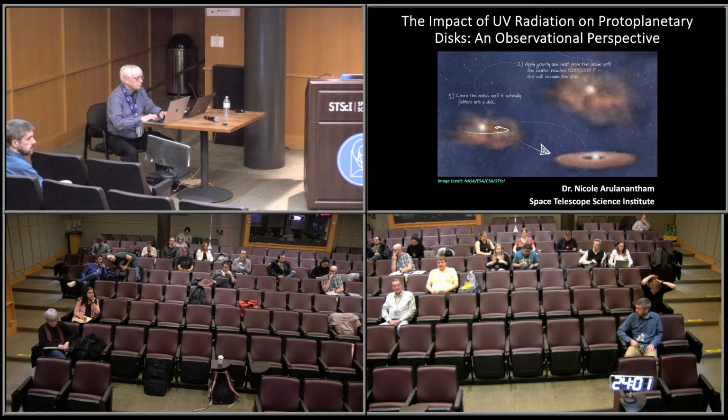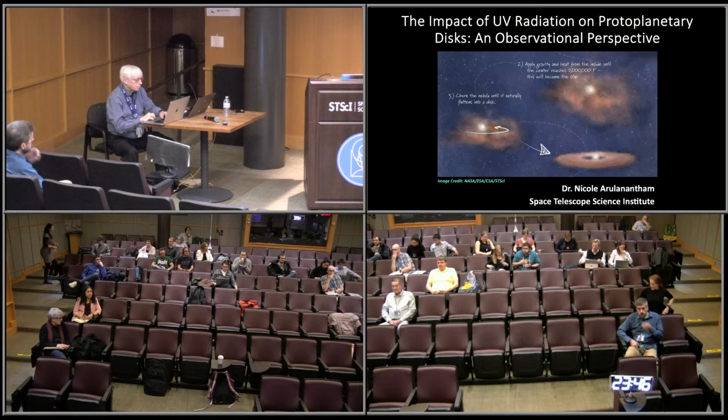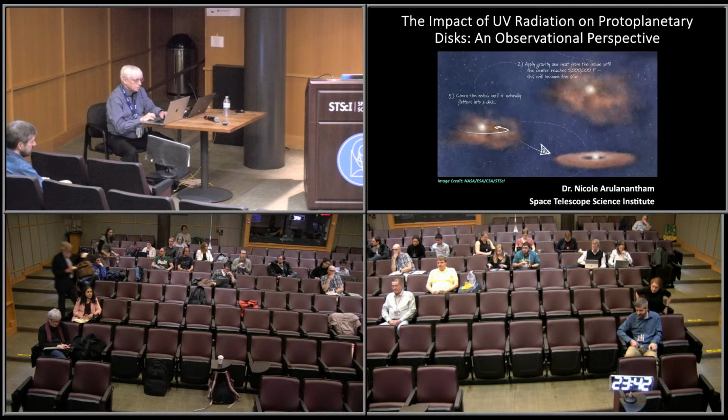When we think about the low mass stars in the Ulysses sample, this is what we picture. And as we saw in the talks over the last couple of days, this distribution of dust and gas is not always going to be this nice and smooth, right? We're going to see cavities, gaps, rings, spirals, all kinds of structure. But this is the basic picture.